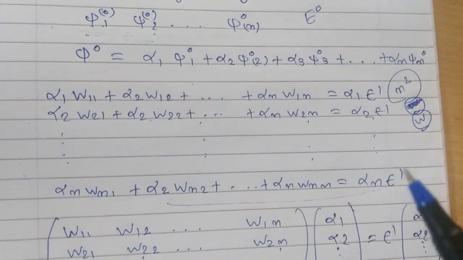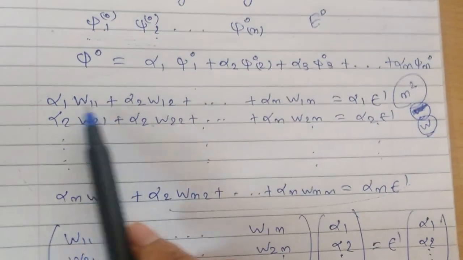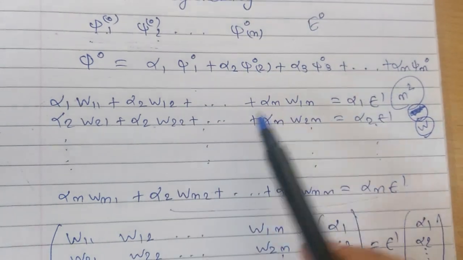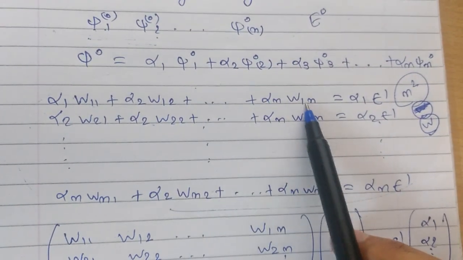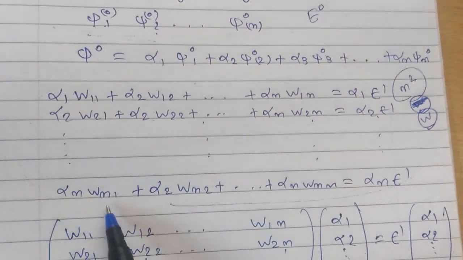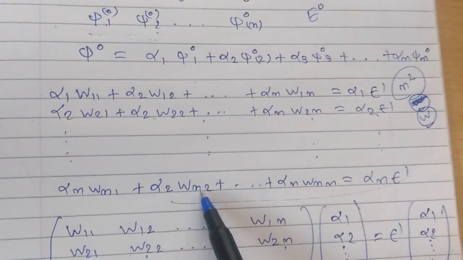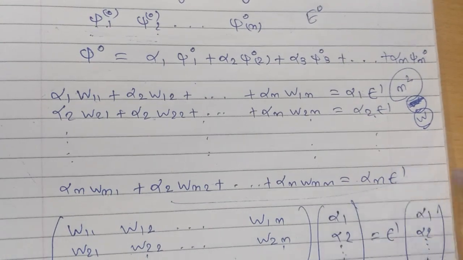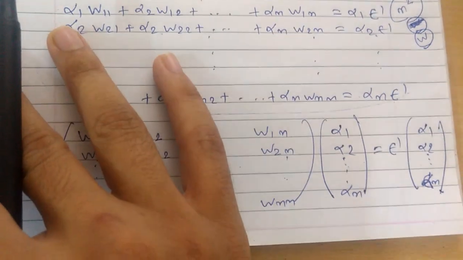So the equations can be written as alpha 1 W11 plus alpha 2 W12 plus up to alpha n W1n equals alpha 1 E1, and same goes for alpha 1 Wn1 plus alpha 2 Wn2 plus up to alpha n Wnn equals alpha n E1.